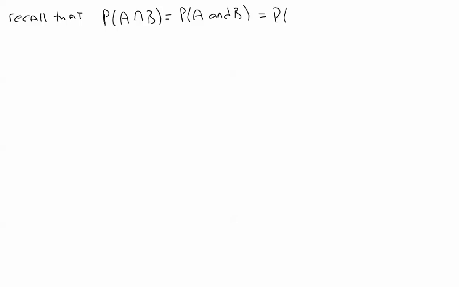First of all, recall that the probability of A intersect B, which is the same as the probability of A and B occurring simultaneously, equals the probability of A times the probability of B if A and B are statistically independent.